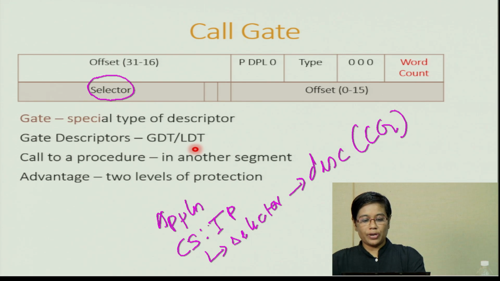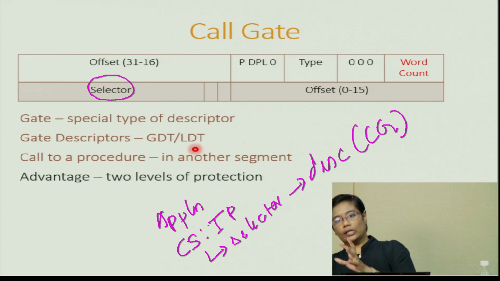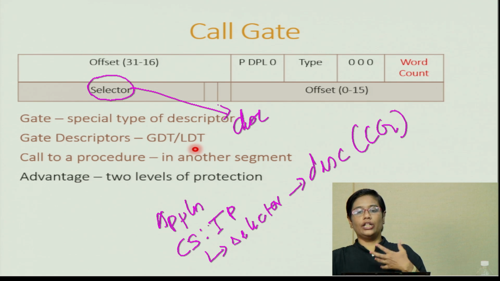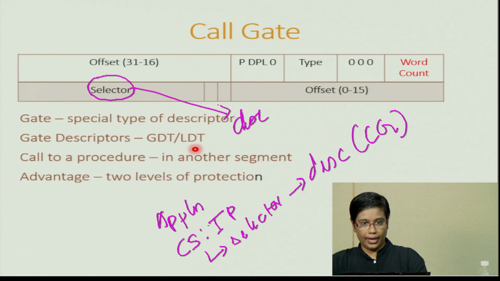So the gate is a special type of descriptor. The gate descriptor can be in the GDT or in the LDT. But instead of having the base address, it is going to have a selector. This selector in turn points towards the descriptor of the segment. This is going to be the descriptor of actually the operating system's segment. So the advantage you get here is that two levels of protection are made available.